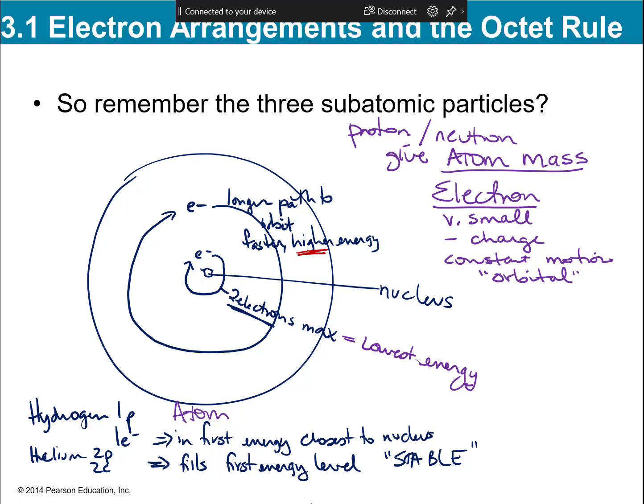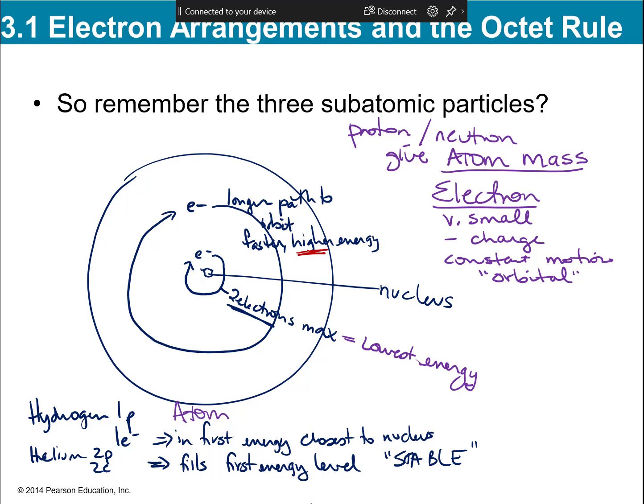A way that you can think about it in terms of energy is how fast they have to move. Can you see the electron closest to the nucleus has a shorter path to make an orbit? The one further out has to go faster in order to make the same loop in the same period of time. Does that make sense to everybody?